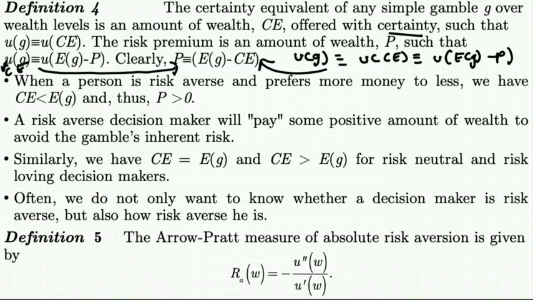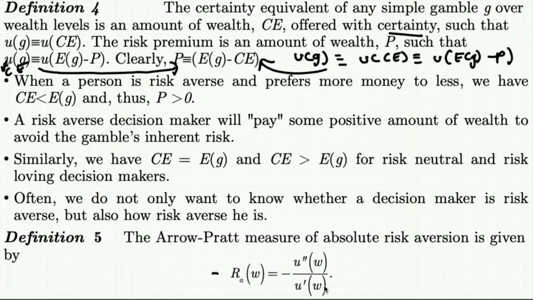In order to be confident of the return, they're willing to pay some amount of premium to be on the safe side. Okay, next. Same thing, when we have CE equivalent to EG or CE greater than EG, for risk neutral and risk loving respectively.